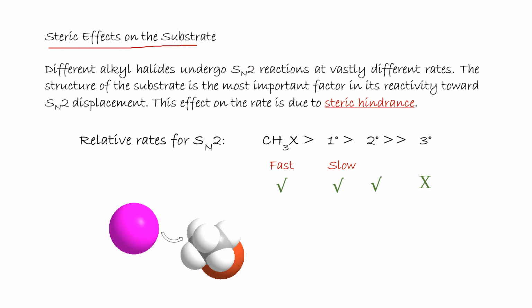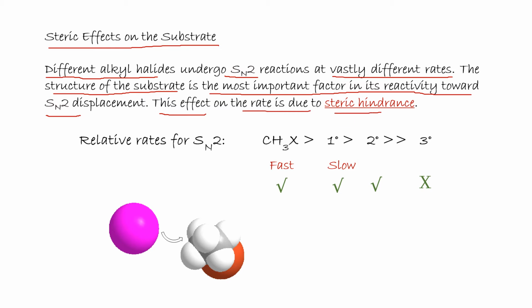Steric effects on the substrate. Different alkyl halides undergo SN2 reactions at vastly different rates. The structure of the substrate is the most important factor in its reactivity toward SN2 displacement. This effect on the rate is due to what we call steric hindrance.